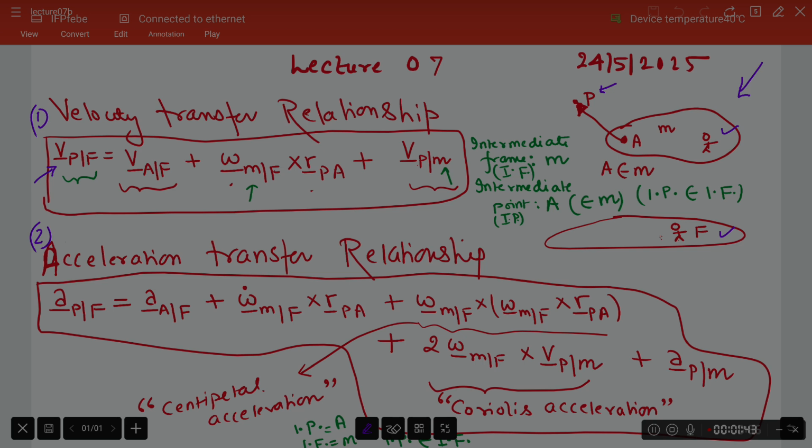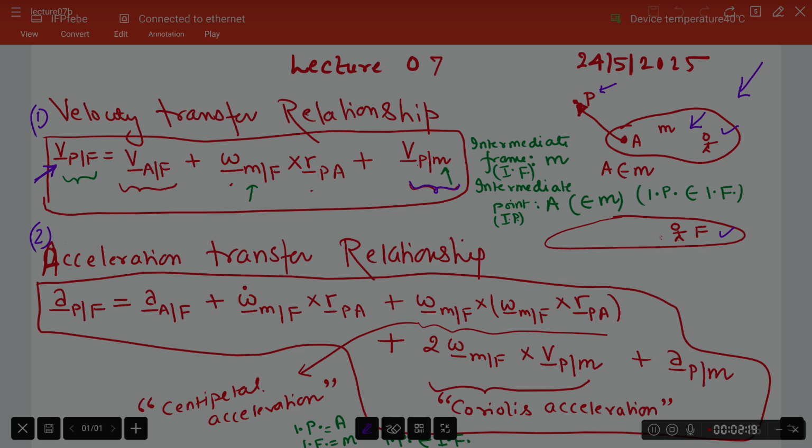The expression for VPF will be obtained by using the frame M as an intermediate frame. By the phrase intermediate frame, I mean that I would like to write the expression of VPF using the quantity VPM.